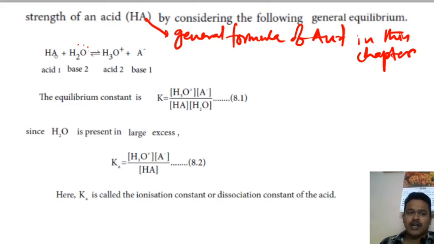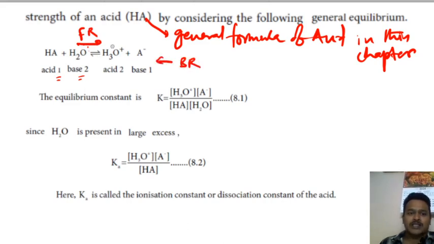Who is donating? HA is donating, so it is acid 1. Who is accepting here? Water is accepting, so it is base 2. This is the forward reaction. Now come to the backward reaction.